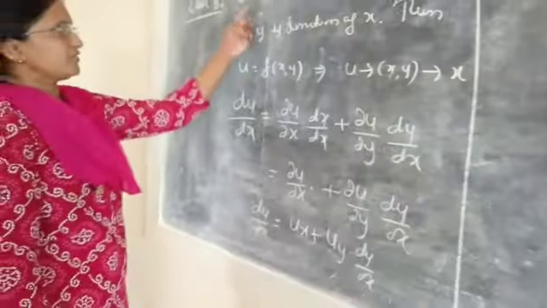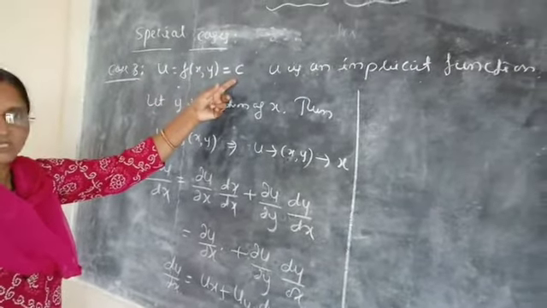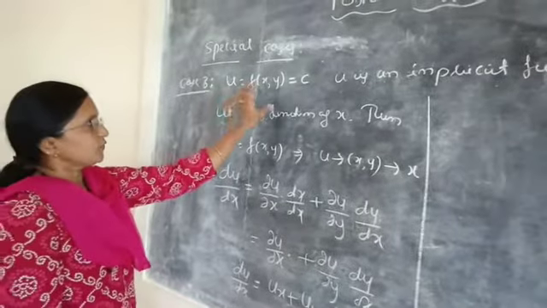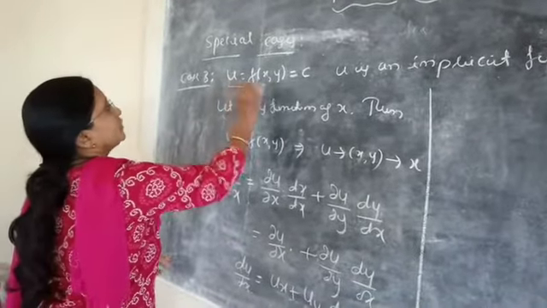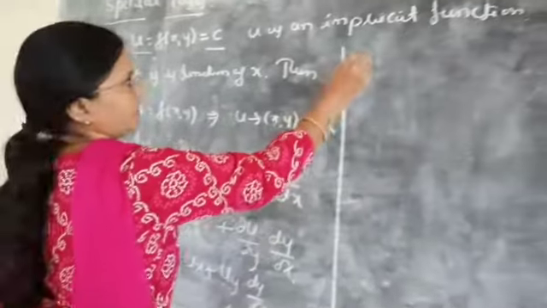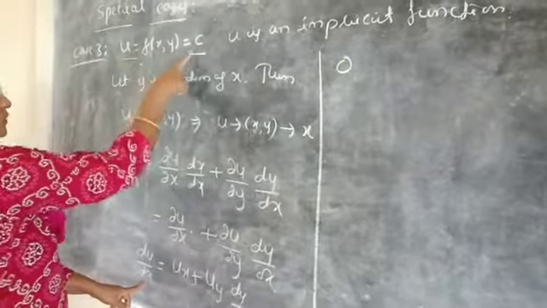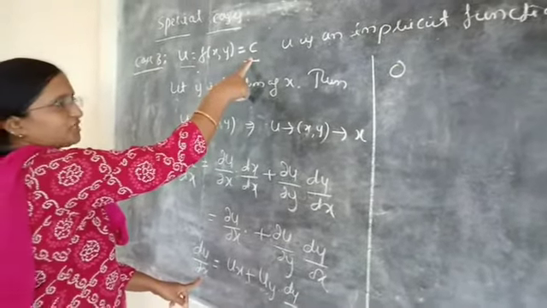Since it is given that u is a function of x and y and it is equal to c, a constant, therefore du/dx = 0, because the derivative of a constant is 0.